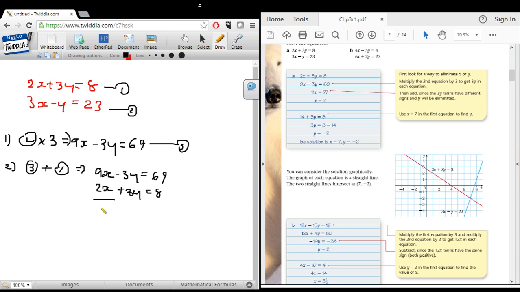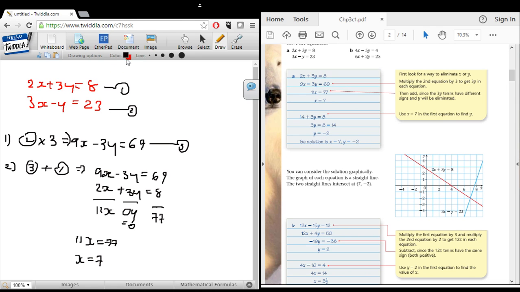Underneath here, we're going to have 11x. Here we're going to have 0y, which is just equal to 0. And here we're going to have 77. So this tells us that 11x equals 77, and then we'll have that x equals 7.